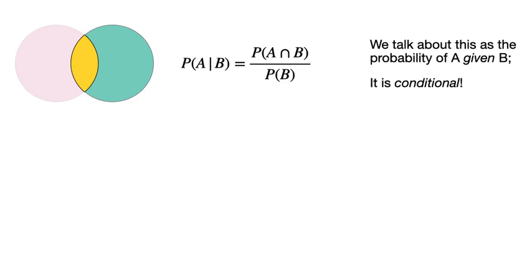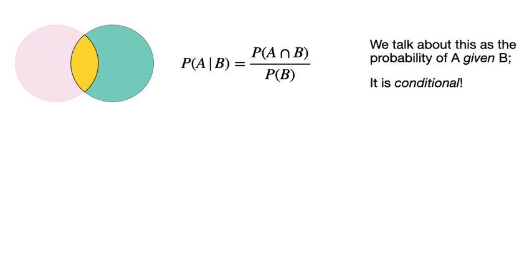So again, we're still talking about this intersection here. But now, instead of taking the viewpoint of just looking at the intersection in relationship to everything possible in the sample space, we're only looking at that intersection given the relationship to B, the bluish turquoise circle, right? I have faded out the pink of A to make it less opaque, trying to show you that A is no longer important.